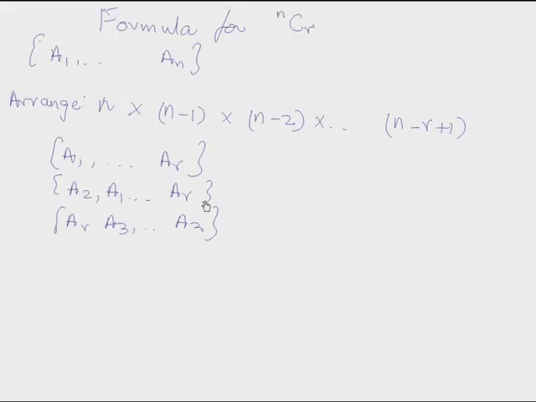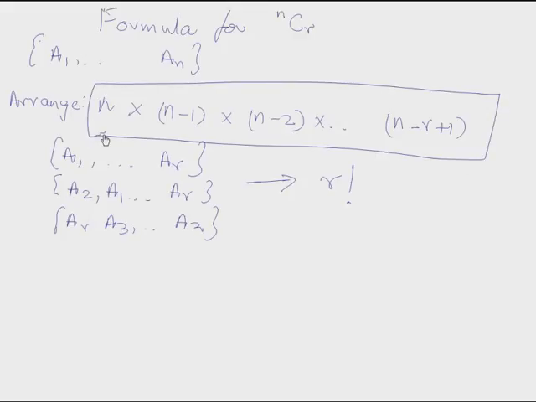So how many of them are there? How many such arrangements compress to one selection? That answer is simple. These are r distinct objects. In how many ways can I arrange them? I can arrange them in r factorial ways. So, in this answer of permutations, there are r factorial arrangements that compress to one selection.